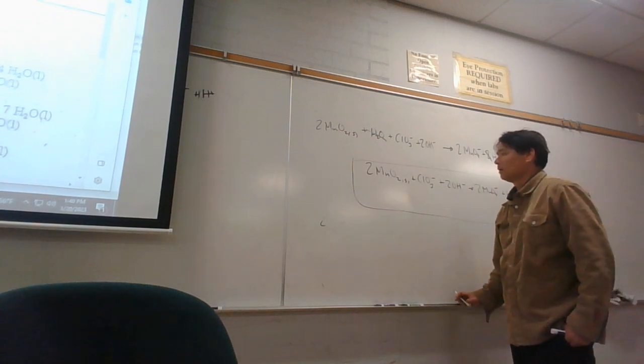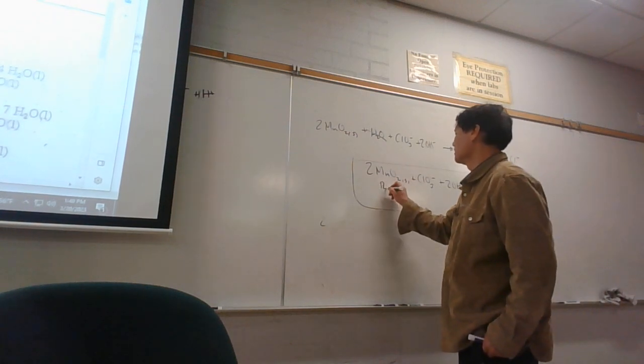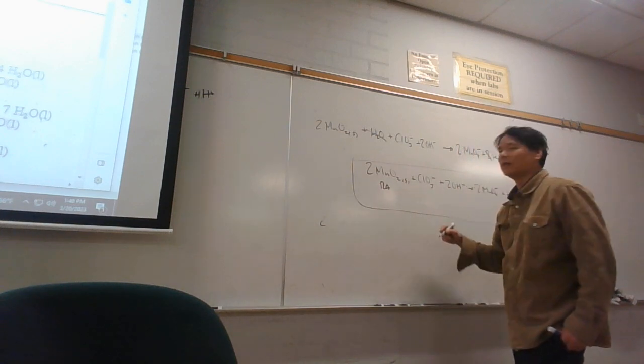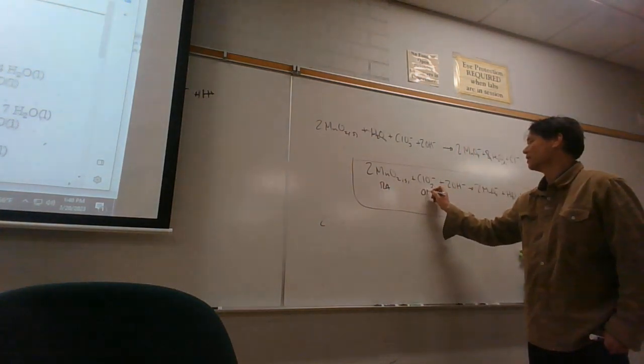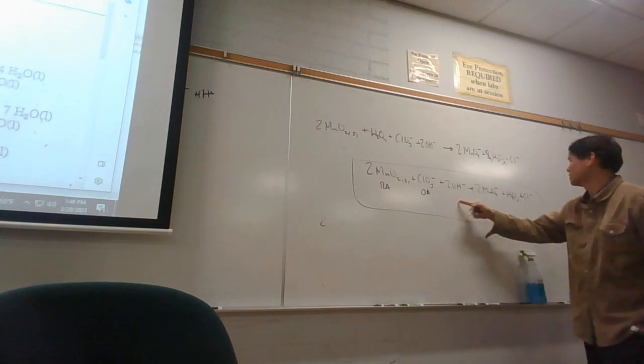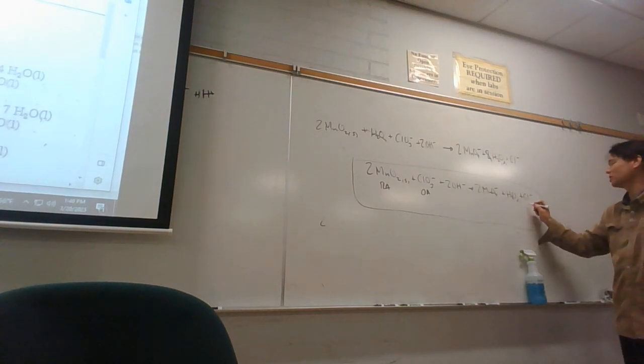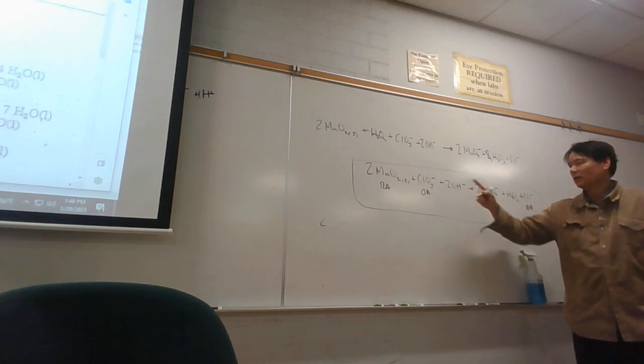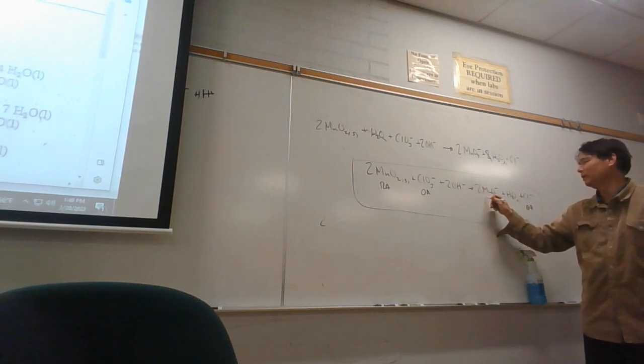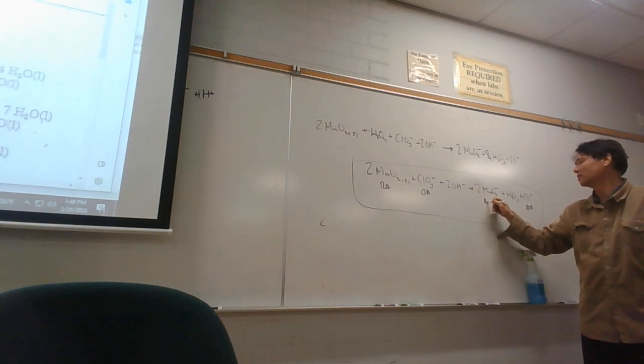Yeah. So this was our reducing agent. Chlorate was our oxidizing agent. And then the conjugates. That means chloride, which is the conjugate of chlorate, will be the reducing agent. And permanganate, which is the conjugate of MnO2, will be the oxidizing agent.